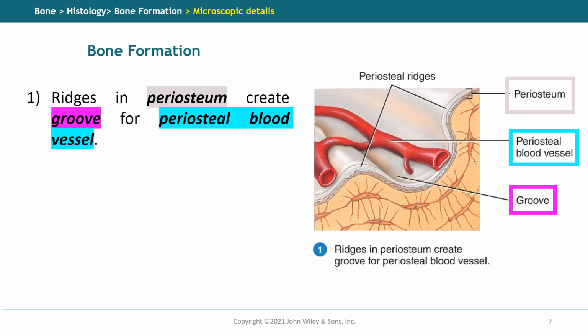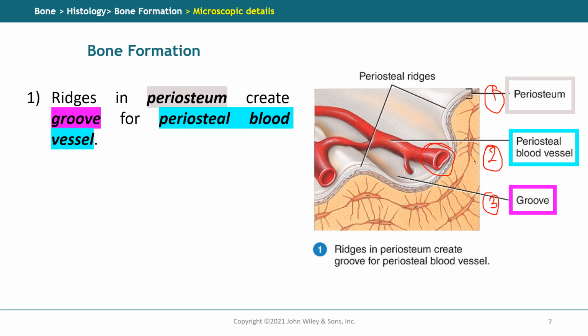So let's go to the first step, and I remind you that here you have this periosteal blood vessel that will become the new central canal. And to do that, you have to rearrange different components in the bone. So you will have to rearrange the periosteum, of course, the periosteal blood vessels, and you will need to make this change too.